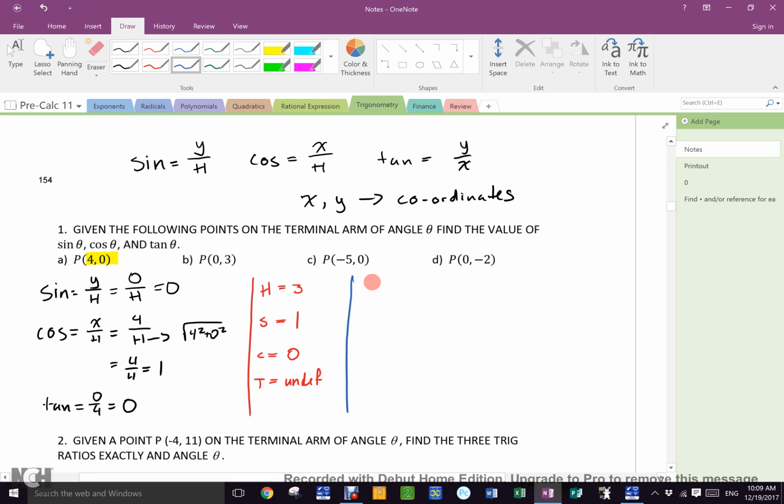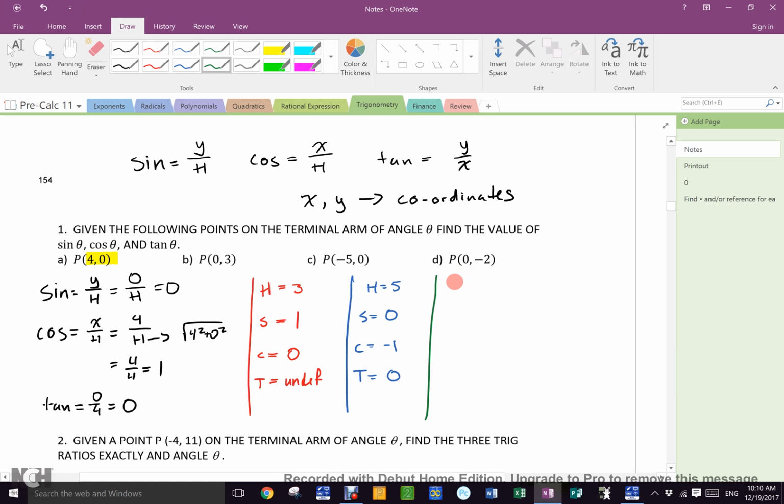What's C? What's the H? Five. So what's my sine? 0. What's my cos? -1. What's my tan? 0.